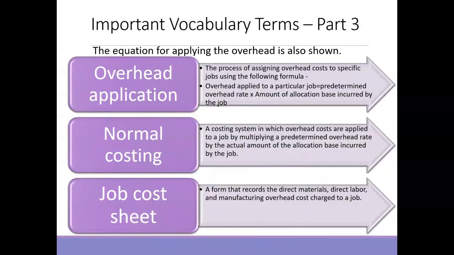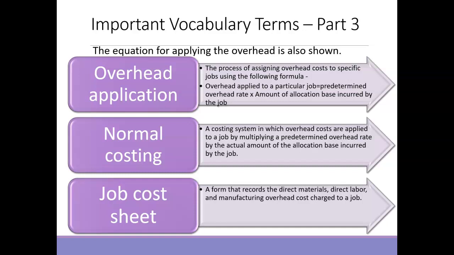Then the equation for applying overhead is by overhead application, which is the process of assigning overhead costs to specific jobs using the formula overhead applied to a particular job is equal to predetermined overhead rate times an amount of the allocation base incurred by the job. We've got normal costing.